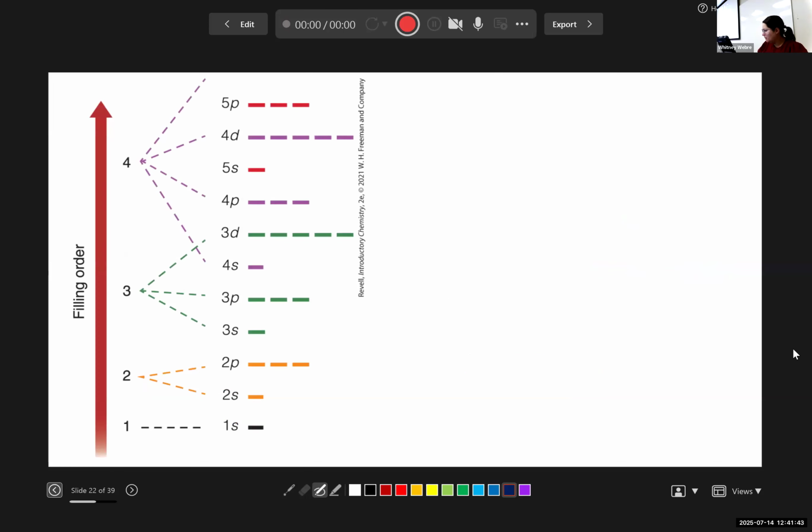Right. I'm just going to practice as we go through the periodic table of elements. Let's look at lithium again. If it's neutral in charge, how many total electrons does lithium have?